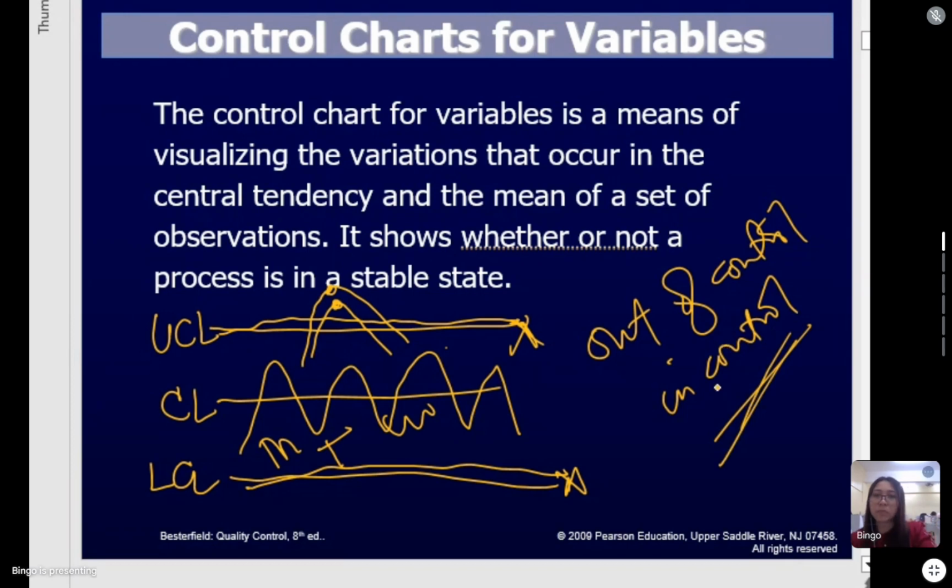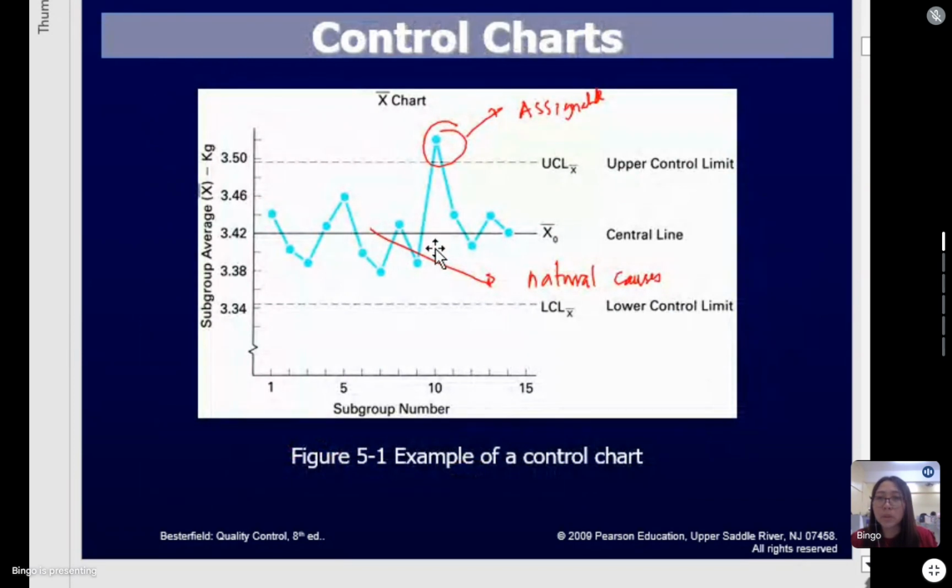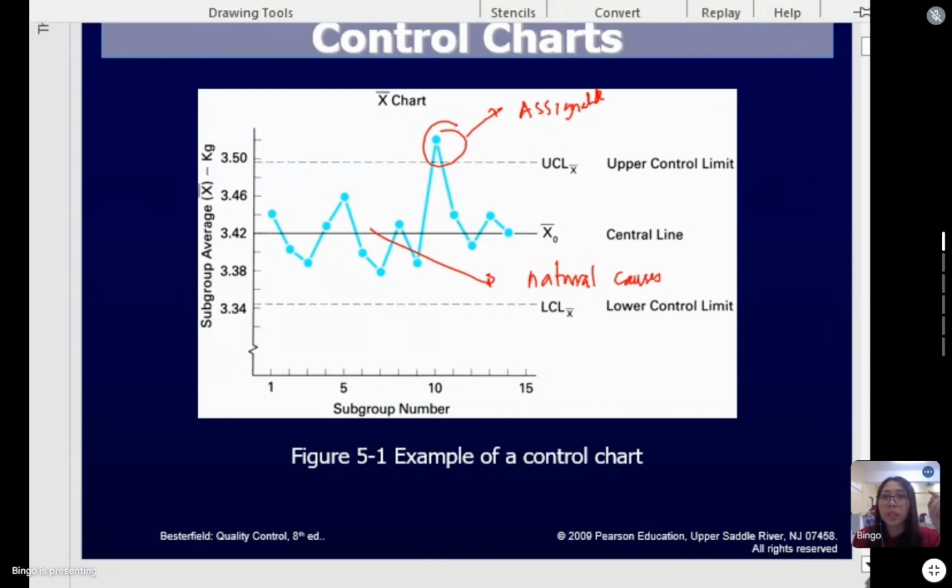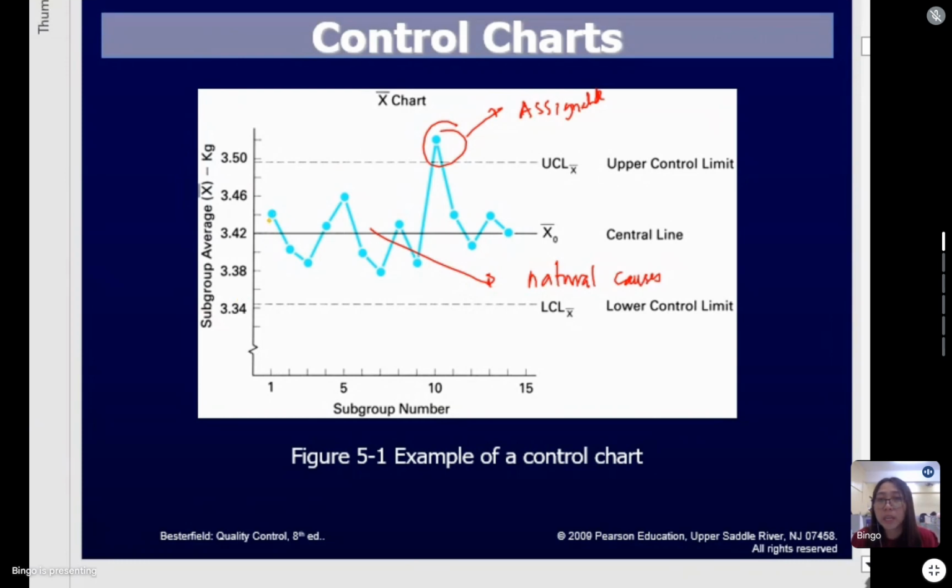Okay? See, for example, ito yung ating control chart, rather. Kunyari yan ay sa X-bar chart. So, naka-plot ngayon yung ating mga data. See, this one, this one, this one, this one. Tapos, ito na yung assignable. Okay? So, ito na yung hindi natin aasahan or ma-expect na magkakaroon ng defect.